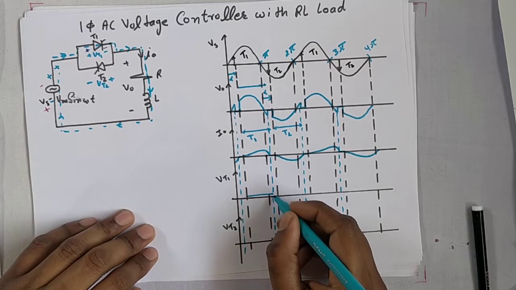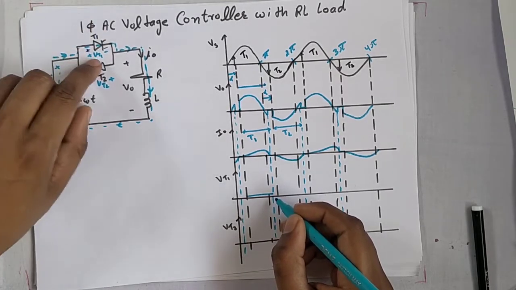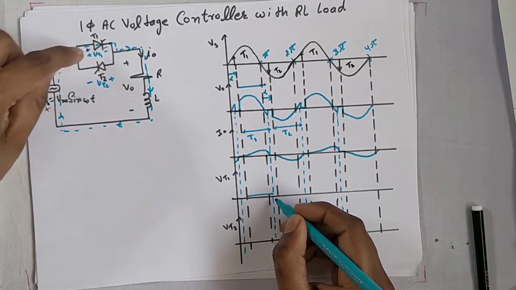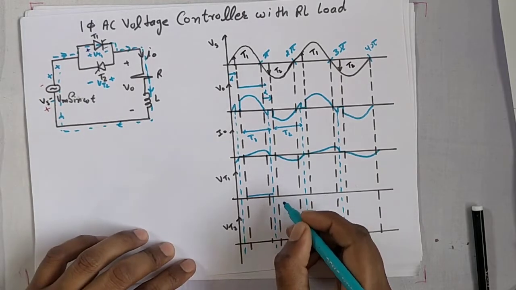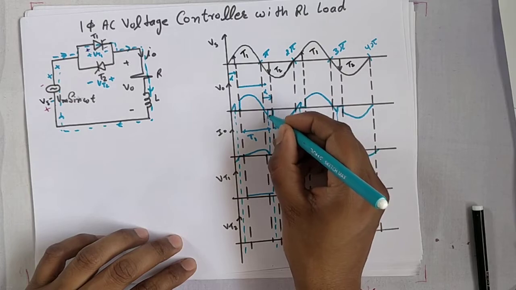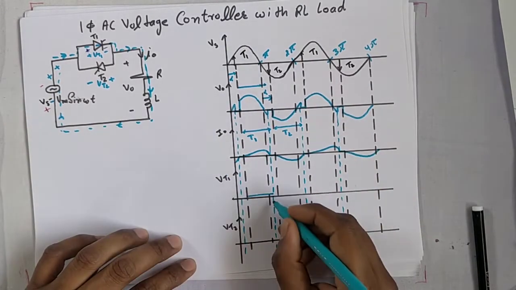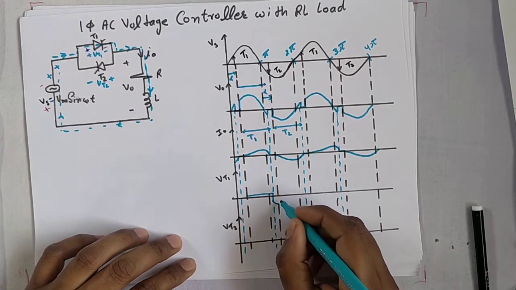When the thyristor is turning off, that time the cycle is negative. At that time this voltage will appear, because at this time the thyristor is off. So like this.